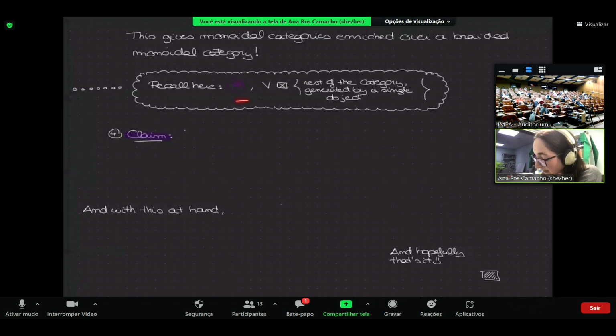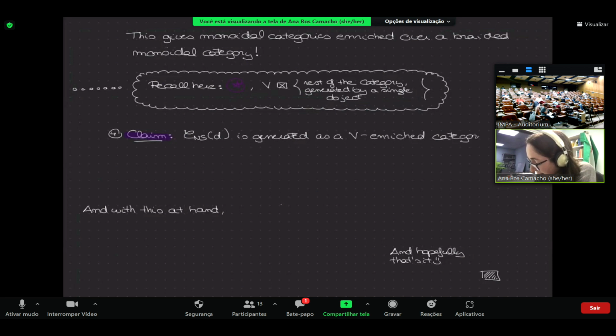So here, this gave us the way to go. Remember, in this equivalence, we have the vector spaces and the rest of the category, which was generated by a single object. And using this V enrichment, we could claim that CNS is generated as a V-enriched category by, again, a single object, with some morphisms.